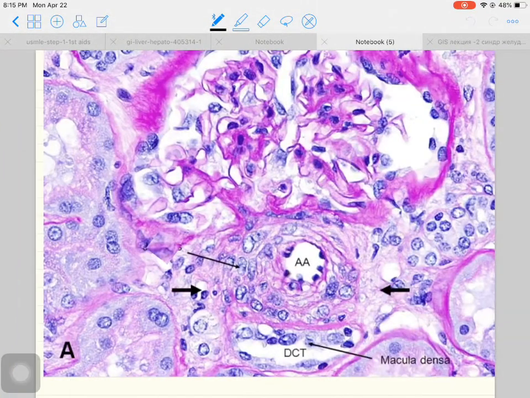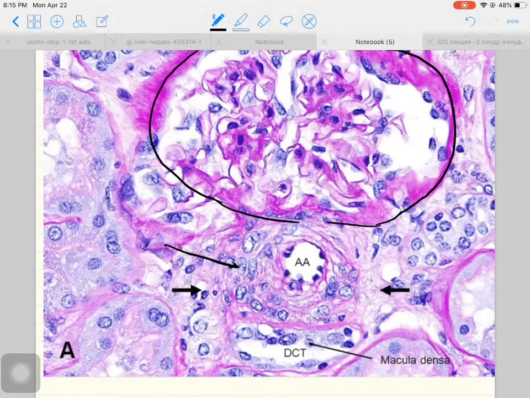So let's see where the juxtaglomerular cell is located. So here we have the renal corpuscle. We will not go through the renal corpuscle. We just see here we have the afferent arteriole, and this arteriole has a lumen here, blood flows inside like this. And if there is low blood flow, it is detected by a special type of cell present here.